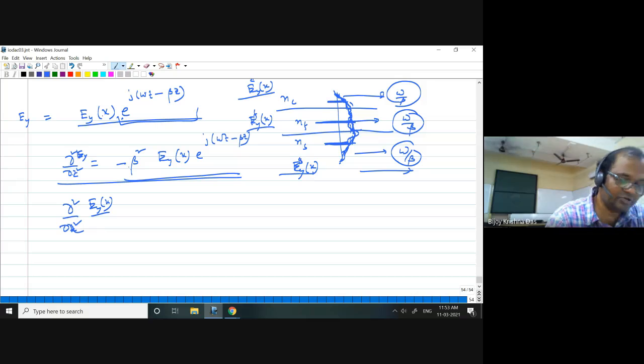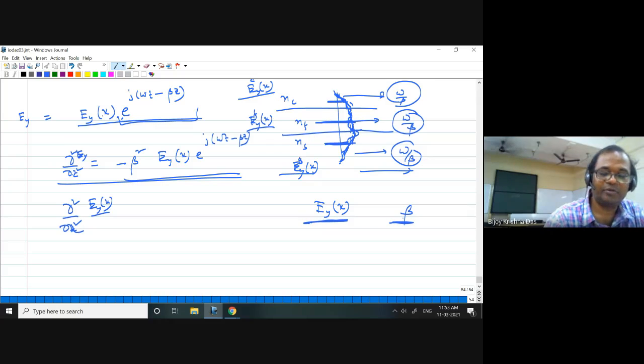And this beta square has to be solved also. I don't know what the beta value is. So my mission is to find out how the distribution looks and what the value of beta is. And I know that for a certain distribution of Ey of x, you get a certain value of beta.